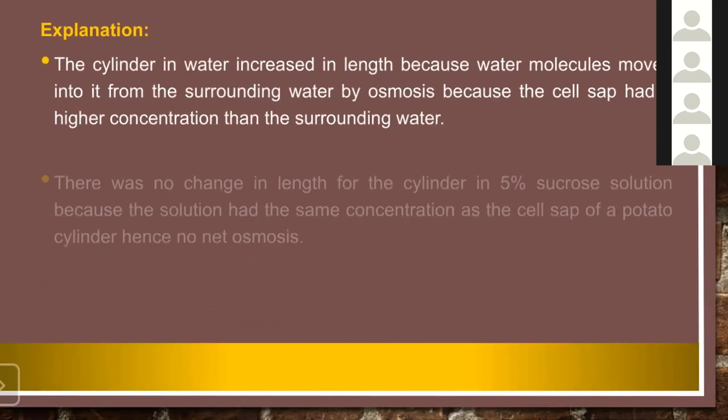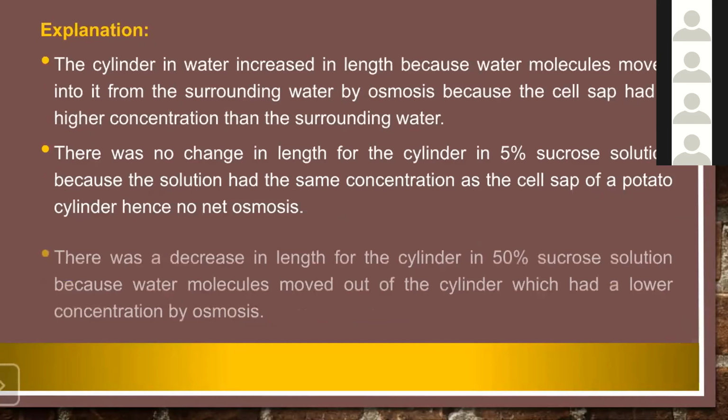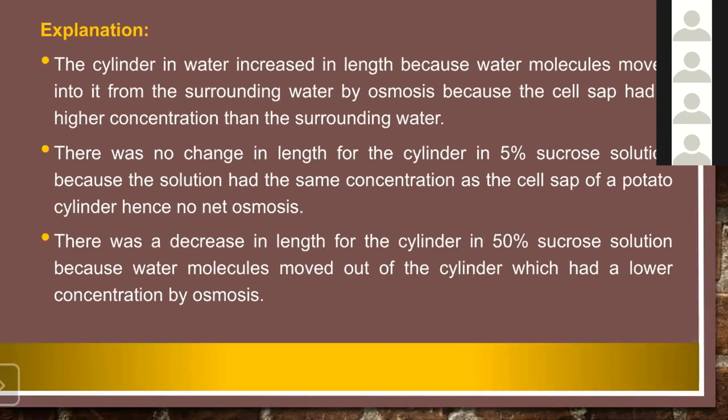Then the explanation for our observations, another person to read for us. The cylinder in water increased in length because water moved in from the surrounding water by osmosis, because the cell sap had a higher concentration than the surrounding water.